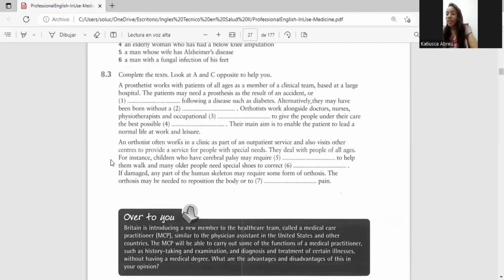The patients may need a prosthesis as a result of an accident or amputation following a disease such as diabetes. An orthosis may be needed to reposition the body or to relieve pain.